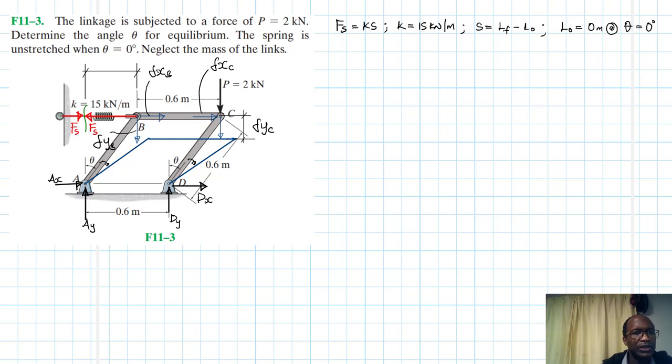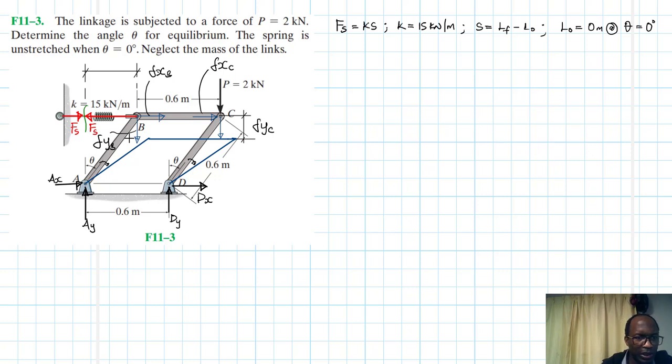This is the stretch. Great. This is the stretch. So this one is going to be equal to, we have this angle here. So this becomes x, we are going to call this as our x.